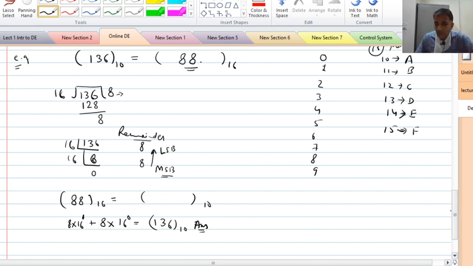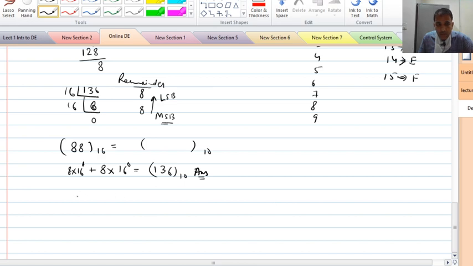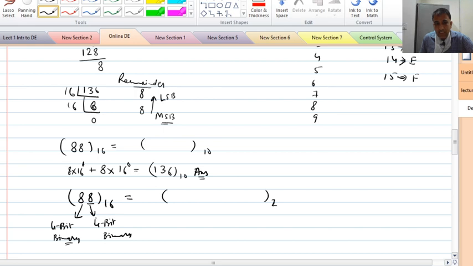Now, if we want to convert this 88 in base 16 to its equivalent binary form, then we just have to write each digit using 4-bit binary. It means we have to write each digit in its equivalent 4-digit binary number.